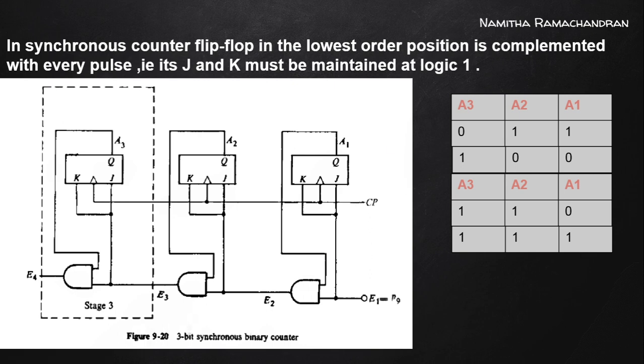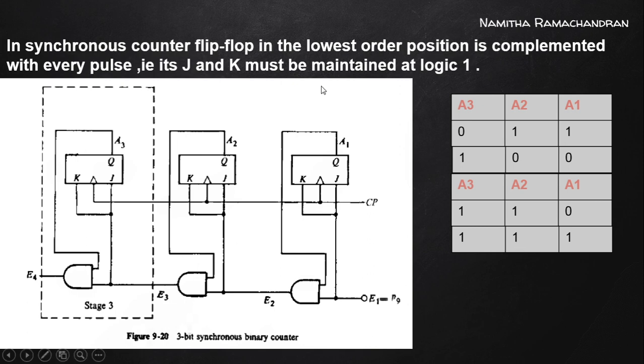After that, this AND gate generates 0 and 1. That is E2 is 0. E2 is 0, then 0, 0. 0, 0 means we don't want to perform any complement operation. Directly transfer this A2 to the next state. So this A1, A2 value is directly transferred to the next state.